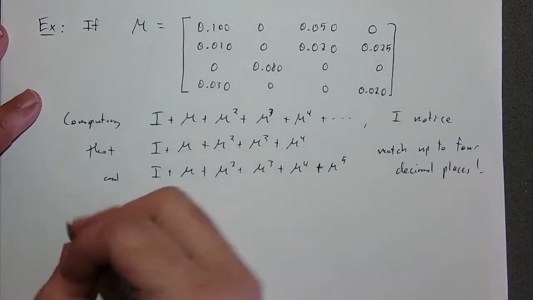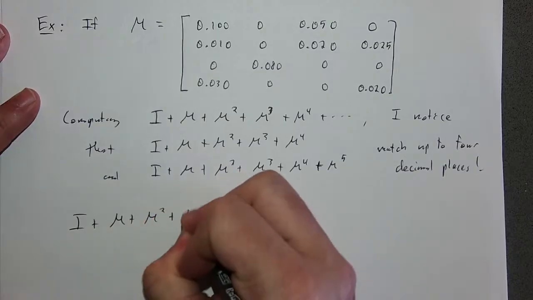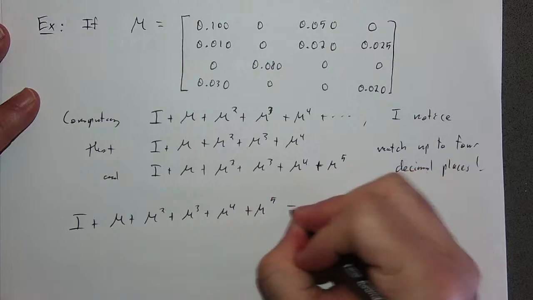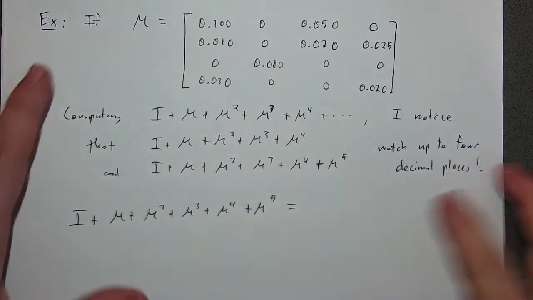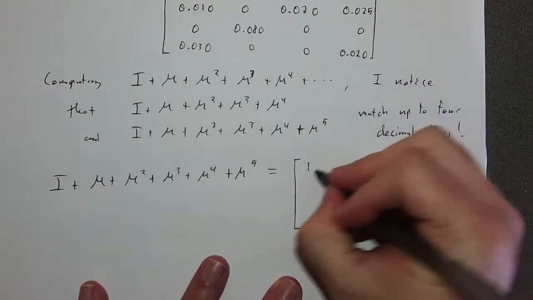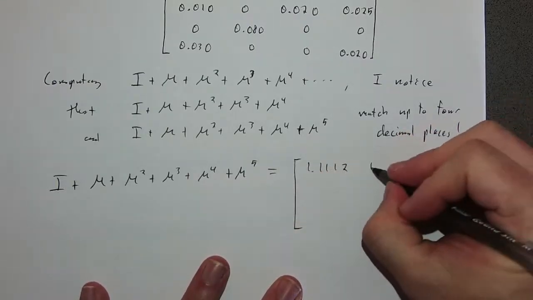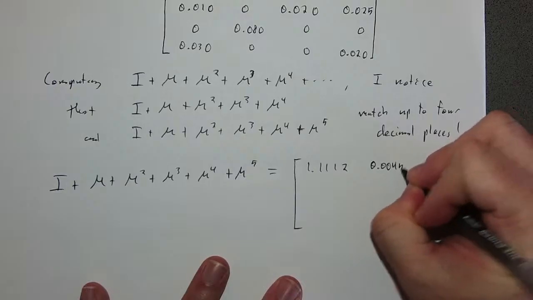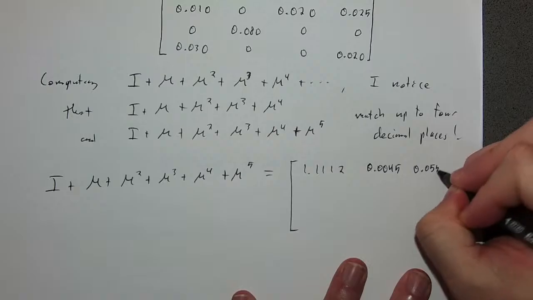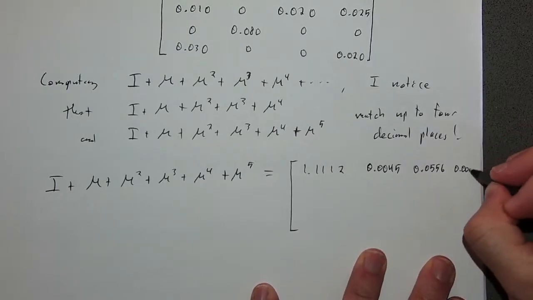What is this thing? So if you use your favorite matrix calculation software or otherwise to compute this, what do you get? I'm going to read this off row-wise here. This is 1.1112, 0.0045, 0.0556, 0.0001.